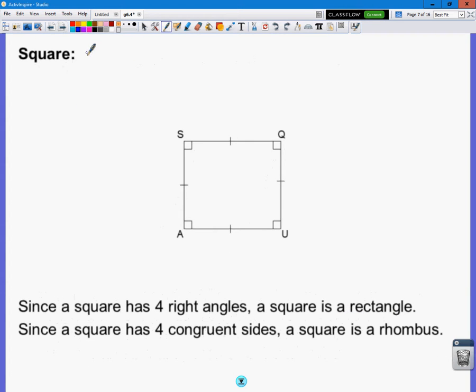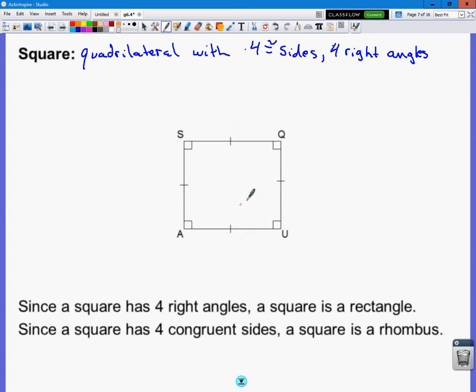A square. It is a quadrilateral with four congruent sides and four right angles. A square doesn't really have any properties unique to itself.